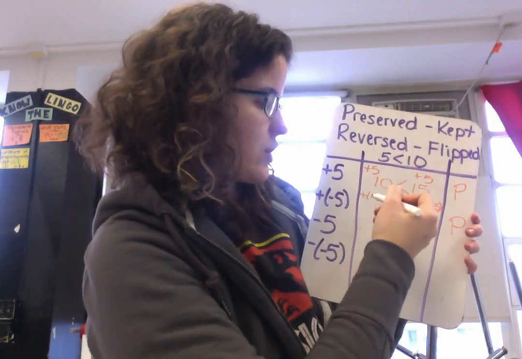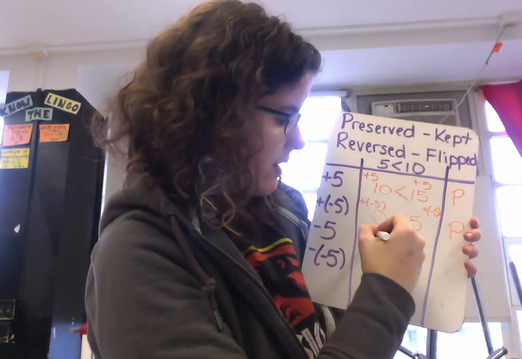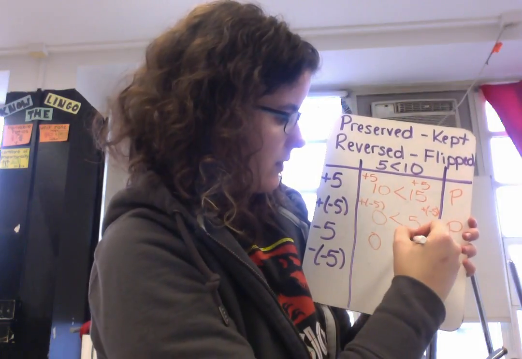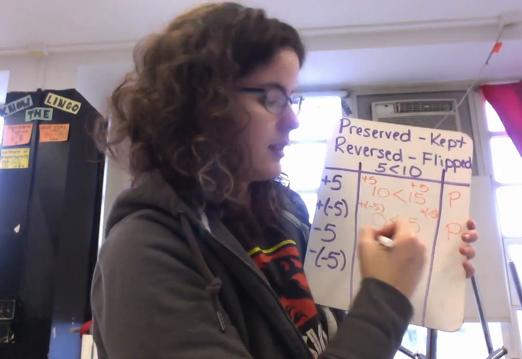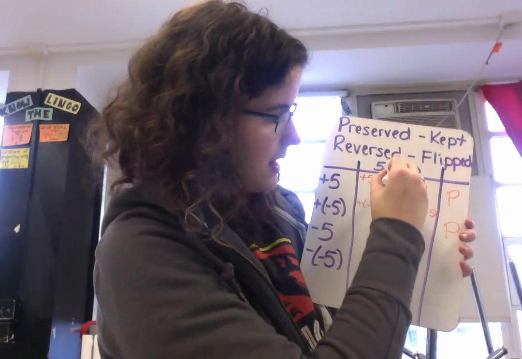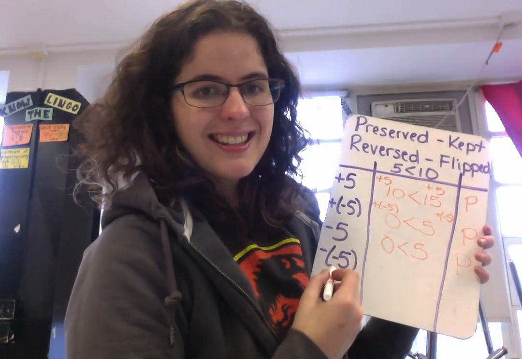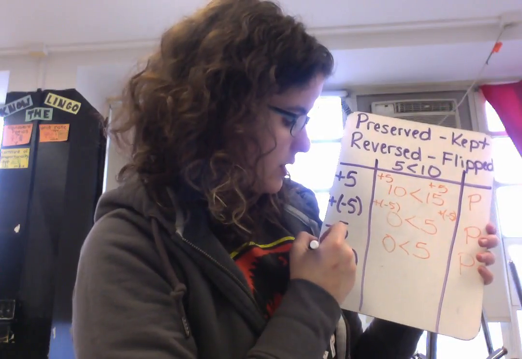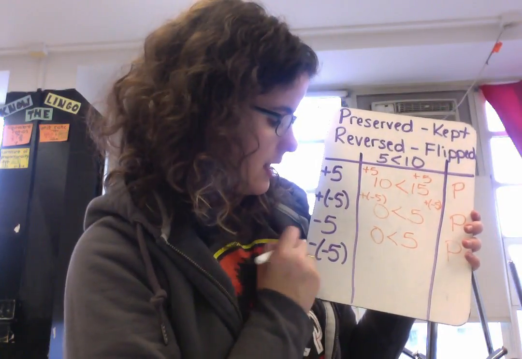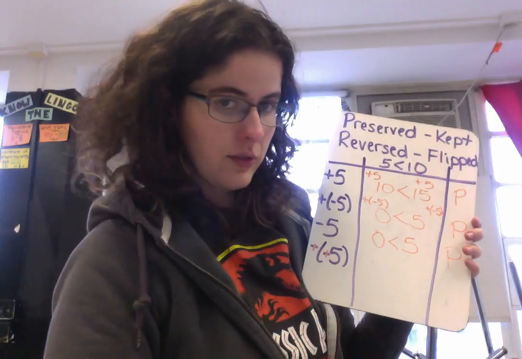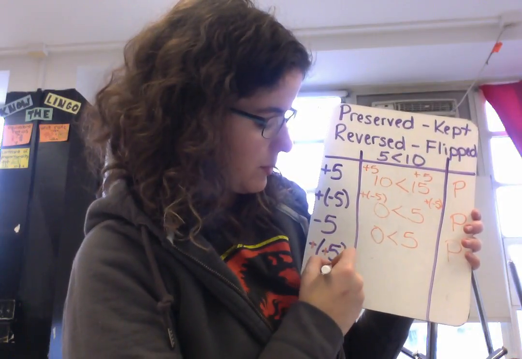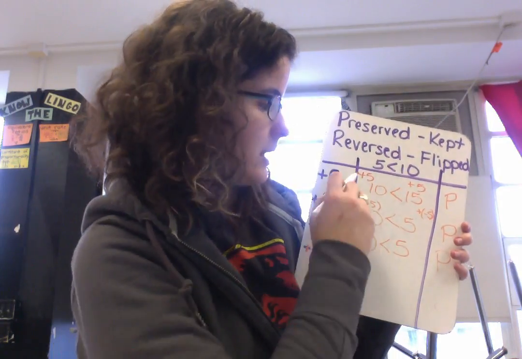Minus 5, well, that's just like this. 5 minus 5 is 0. 10 minus 5 is 5. 0 is still less than 5, which means that the sign has once again remained preserved. And then minus negative 5. Well, we can remind ourselves that subtracting a negative is the same as adding a positive. So in fact, this is the same as plus 5, which we already did up here.